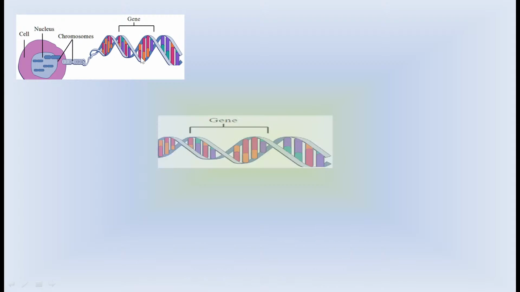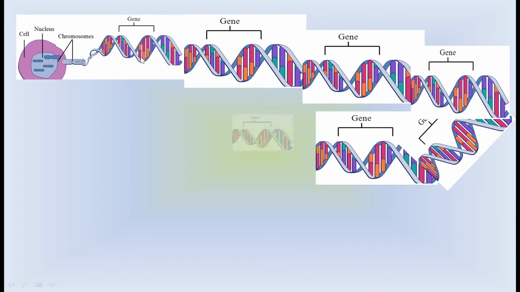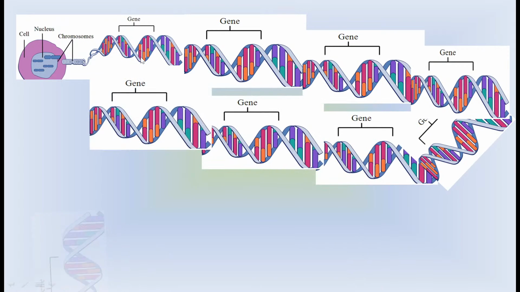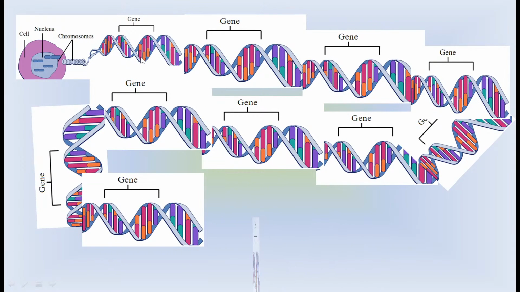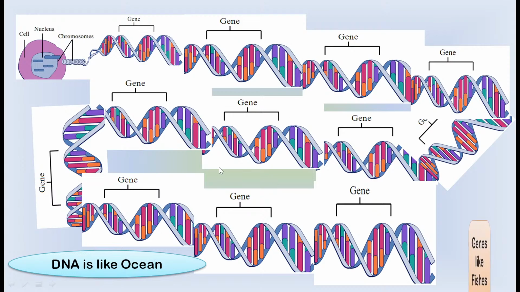This is the cell, and this is the nucleus. The nucleus contains chromosomes, and each chromosome contains genes. There are several genes present in the DNA, of different types, scattered in the DNA. The DNA is like the ocean, and genes are like fishes.